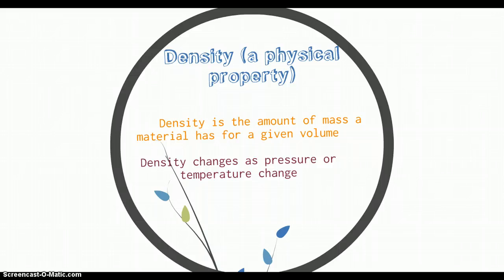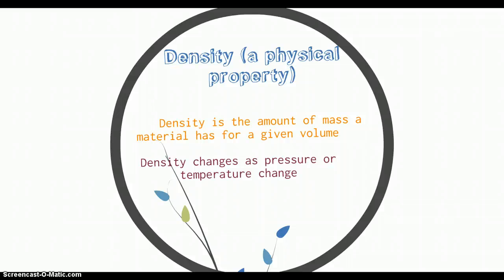Now, the kickball, on the other hand, does not have a lot of density because there's not much mass in it. So if you ran up and kicked a kickball, it wouldn't hurt your foot because there's not much inside the kickball. There's just air. If you ran up and kicked a bowling ball, that would be a different story. That would probably break some toes. So density is the amount of mass a material has for a given volume.